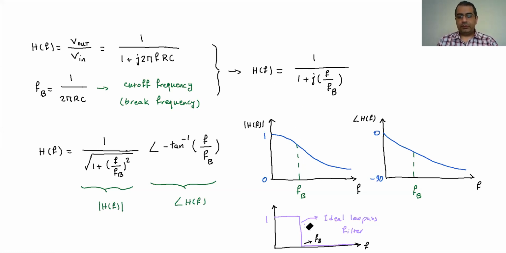But for now, when we are dealing with the first order, that's the best we can get between these two. Similar to what we have here, we are also going to have the high pass filter. So this one was the first order low pass filter.